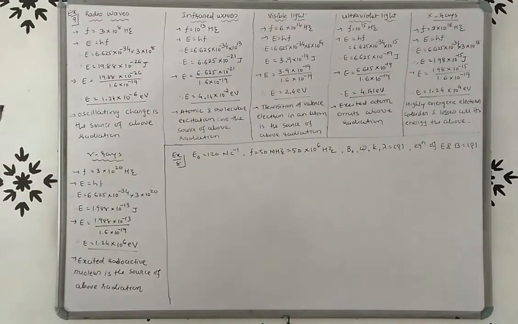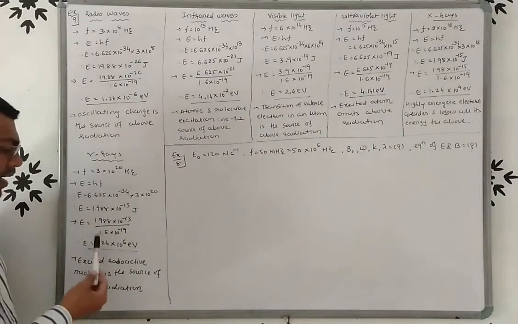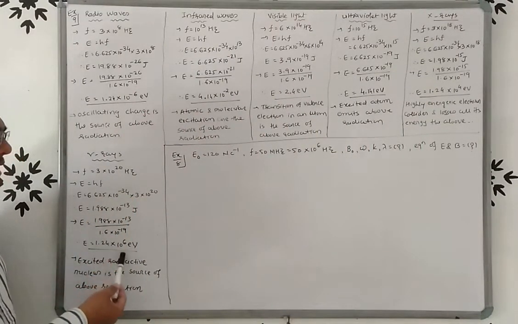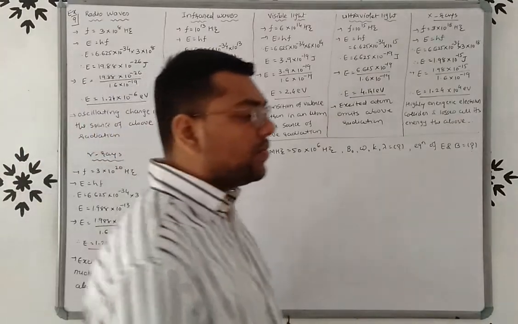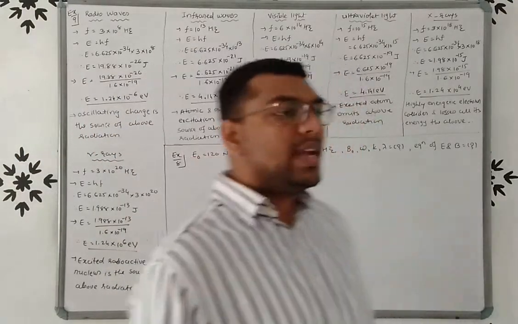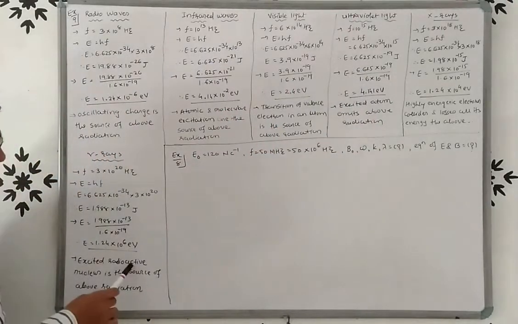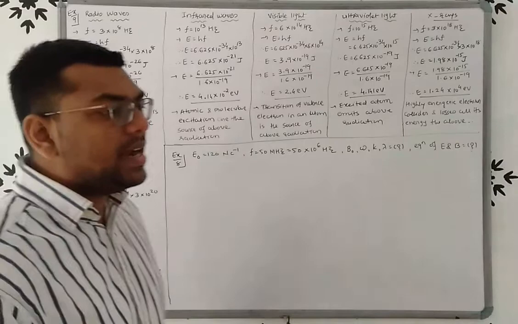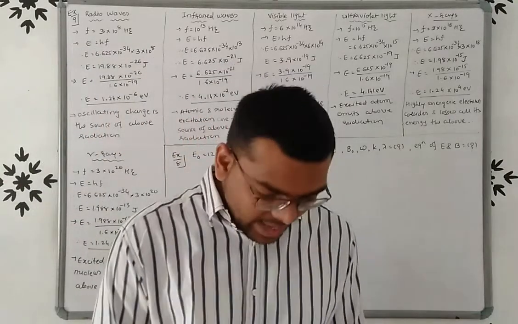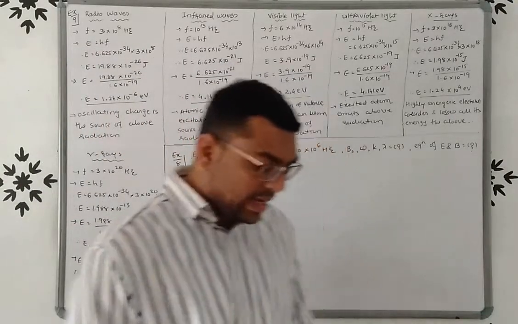So we get energy of gamma rays in eV, that is equal to 1.24 × 10^6. And the excited radioactive nucleus is the source of this radiation. So this is about example number 9.